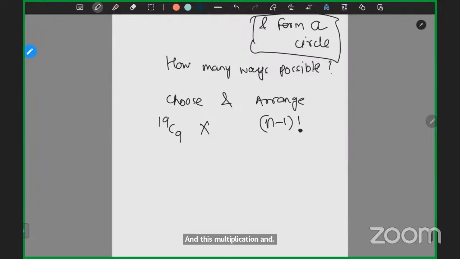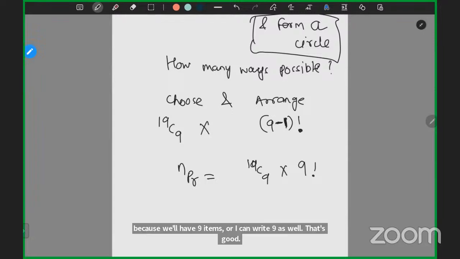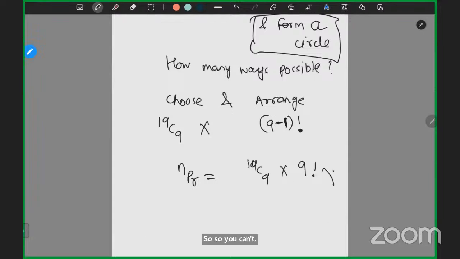See, you can't do this with NPR. Your answer would be 19C9 multiplied by r minus 1 factorial, because we'll have 9 items, or I can write 9 minus 1 factorial. This will be incorrect; this is the correct way.